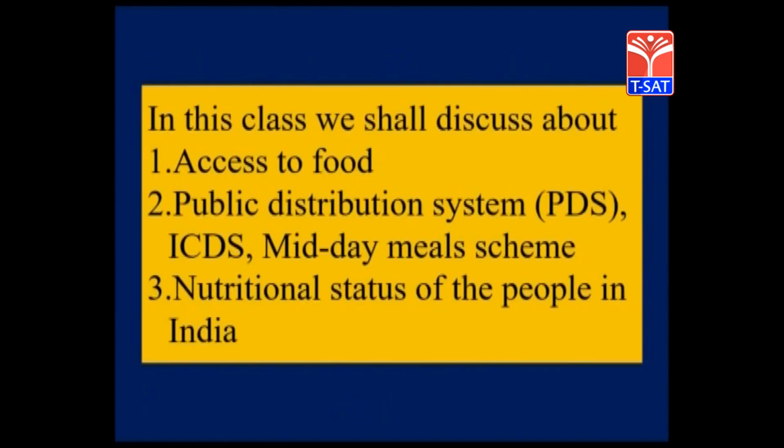In this class, we shall discuss access to food, the public distribution system, that is PDS, ICDS, the Integrated Child Development Scheme, and also the midday meal scheme. We shall also discuss the nutritional status of the people in India. So, let us proceed towards the lesson.